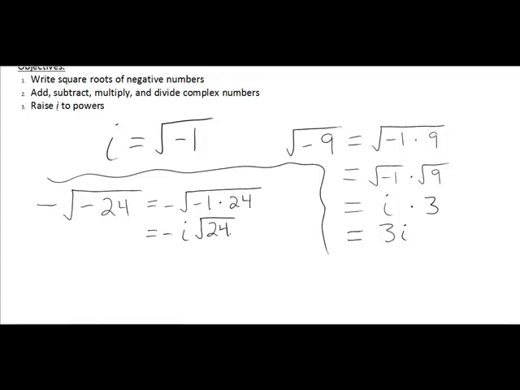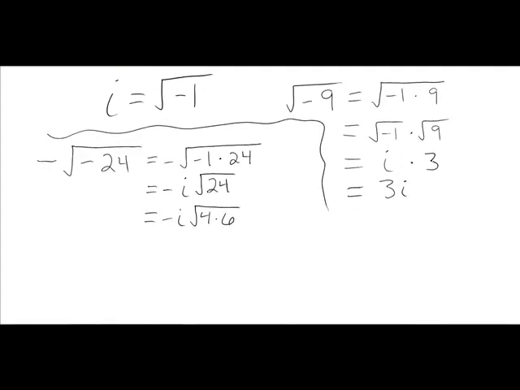Now you can't leave it like that because the square root of 24 can be simplified, right? Of course, you remember that by now. So we've got -i times the square root of, well, 4 times 6 is equal to 24. And of course, we know the square root of 4 is 2. Yes, I hope so. If you don't at this point, you are in trouble. So I'm going to simplify that: -i times 2 times the square root of 6.